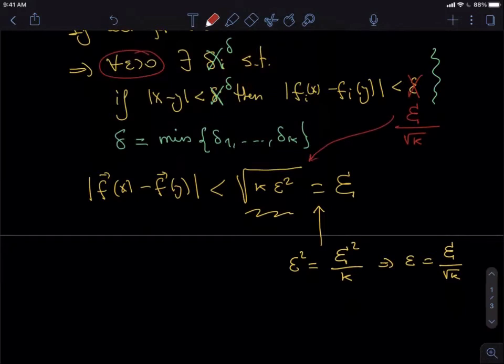Here I'm going to get the square root of k times epsilon squared divided by k, so here I'm going to get capital epsilon.